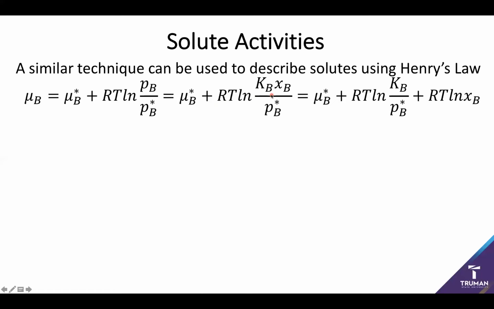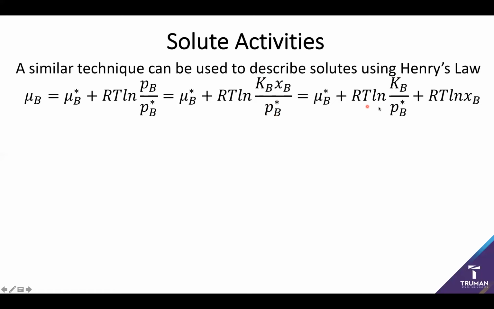Now, one of the things that we can then do is essentially separate this expression out in terms of the constants, or more appropriately, the values that are described by a given solute, from the properties tied to our true variable. So what we can do is pull out our Henry's constant and our vapor pressure for the pure substance.